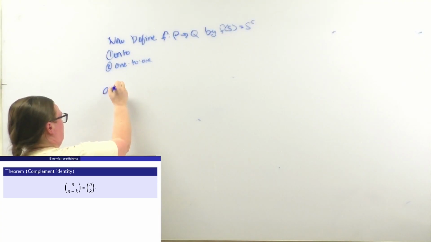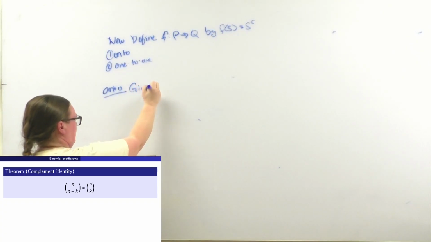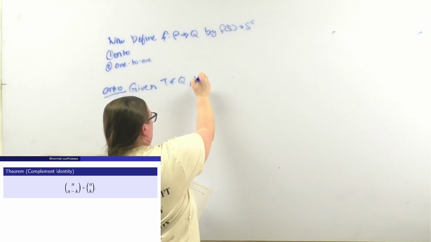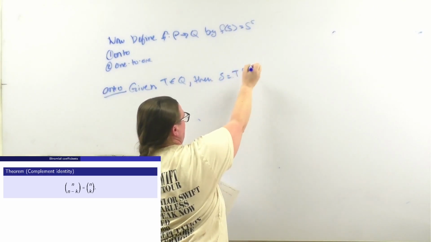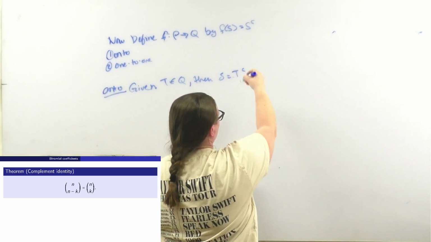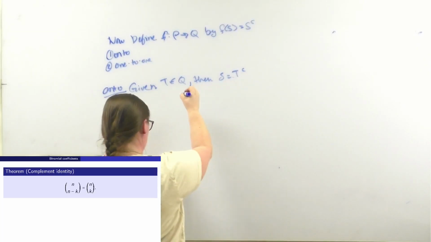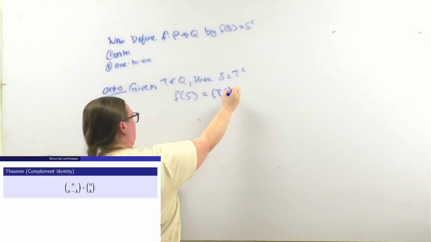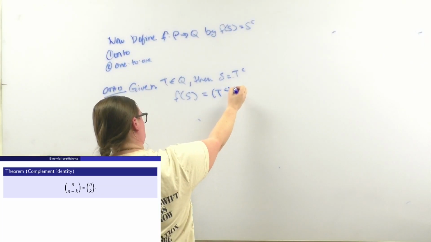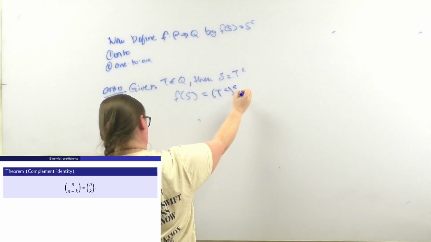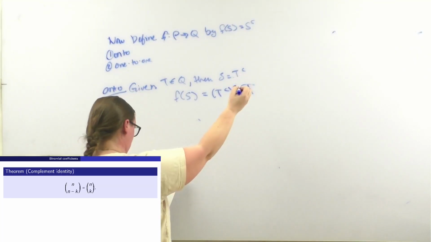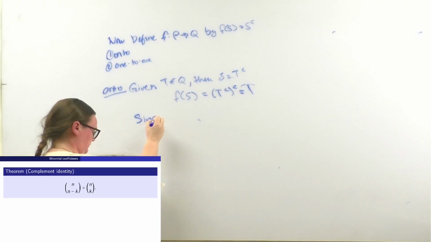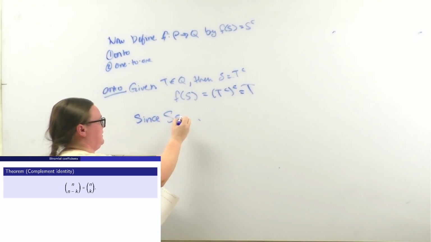So onto, given T in Q, then S is equal to T complement here. And this satisfies it, right? So we just plug this bad boy in there. We got this. I think I need one here. Awesome. And we got this.